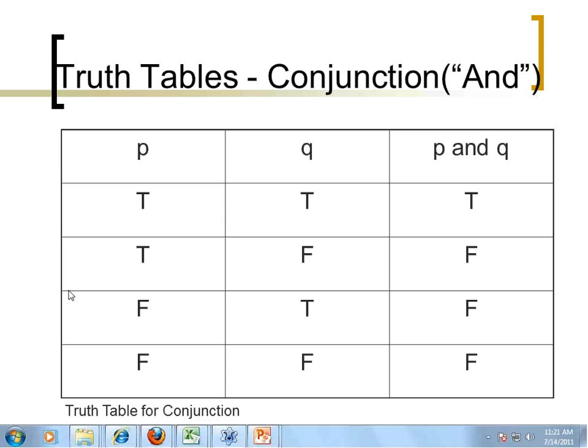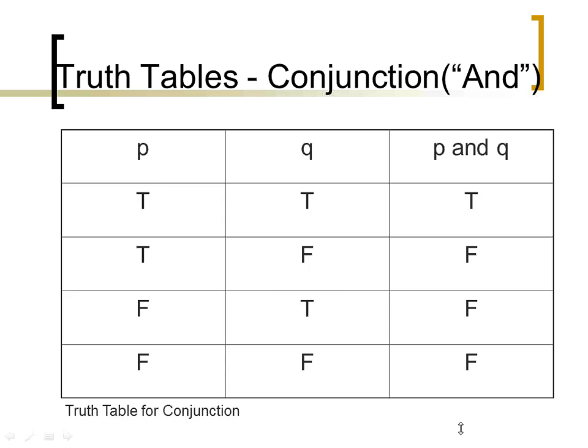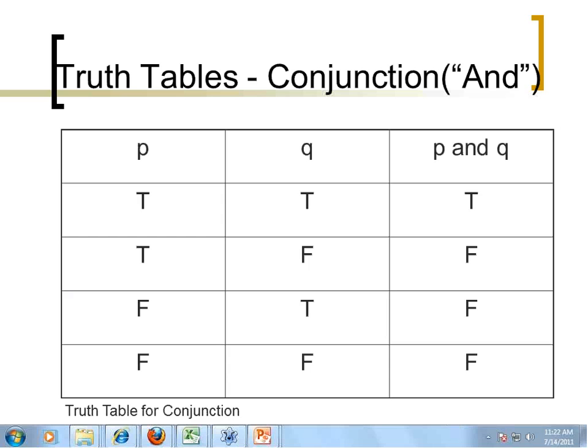Once there's some form of doubt, because you have P is true, Q false, the outcome cannot be 100% true. So you cannot be sure of the outcome. The result could be either true or false.